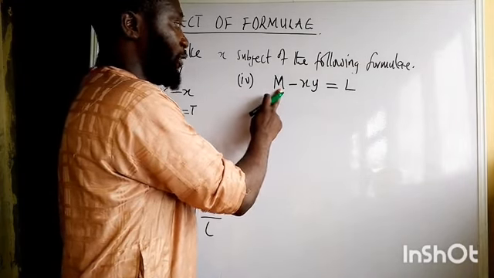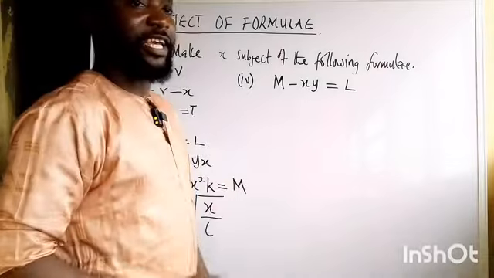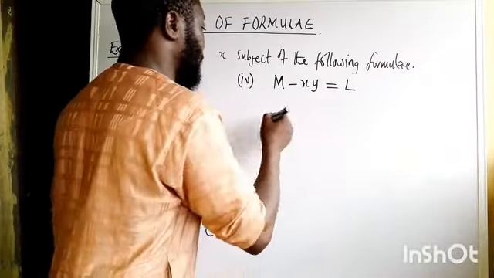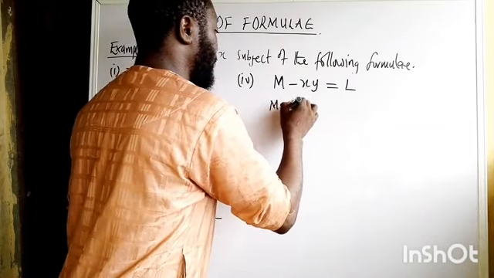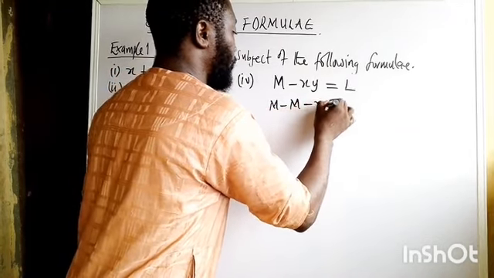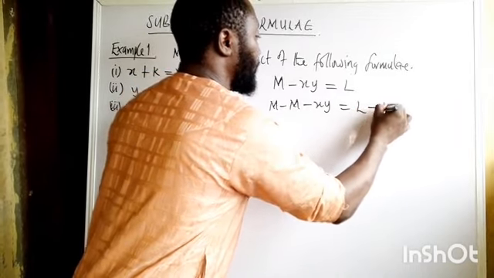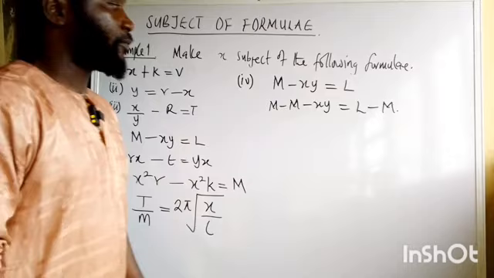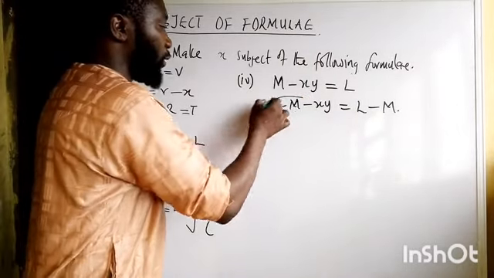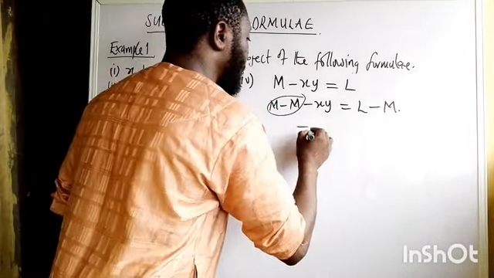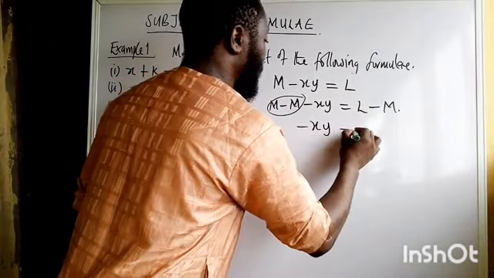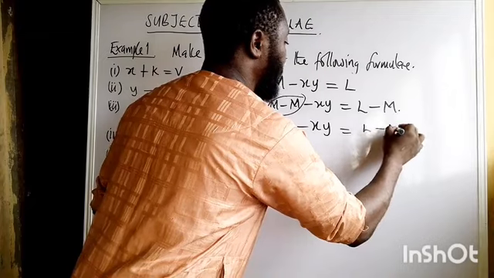The m is added, so now you say subtract m from both sides. So m minus xy minus m equals L minus m. Now these two will give us what? 0. Now we have negative xy equals L minus m.